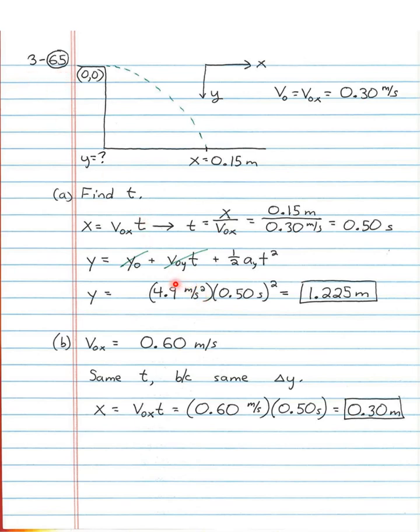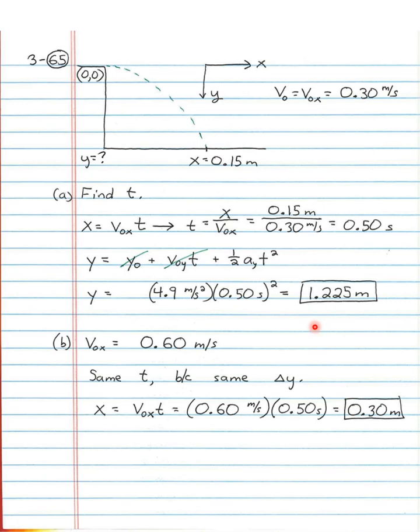Well, right as it rolled off the table, it had no velocity in the y direction, so that goes away, equals 1/2 acceleration times t squared. So we can treat it as if it just dropped straight down. So y equals half of g, which is 4.9 meters per second squared, times 0.5 seconds squared, and we get a drop of 1.225 meters.